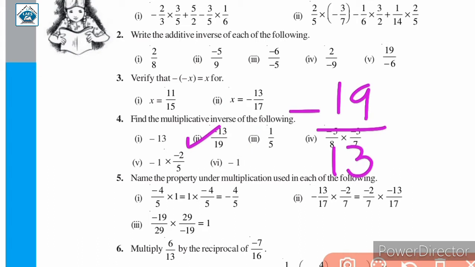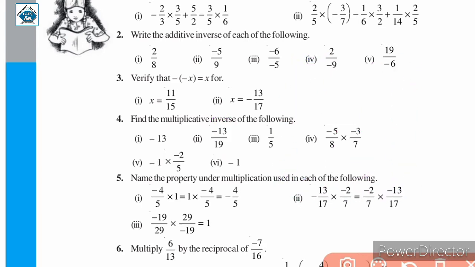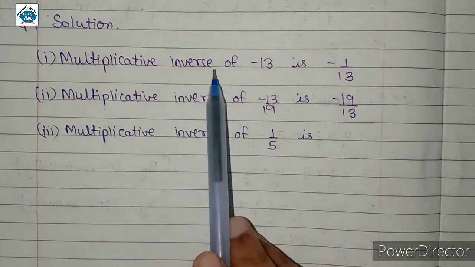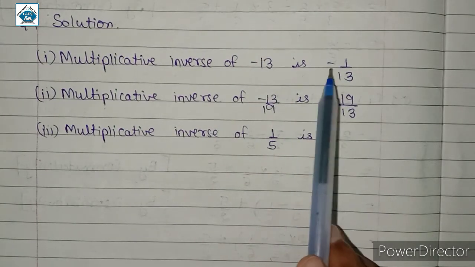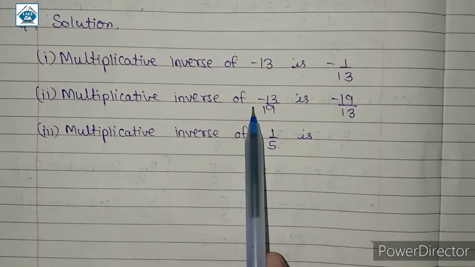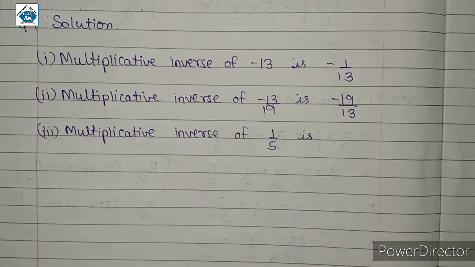We prefer to go with the negative sign in the numerator itself. So here the reciprocal or the multiplicative inverse of minus 13 upon 19 is equal to minus 19 upon 13. So just like we discussed, multiplicative inverse of minus 13 is minus 1 by 13. Multiplicative inverse of minus 13 upon 19 is minus 19 upon 13.